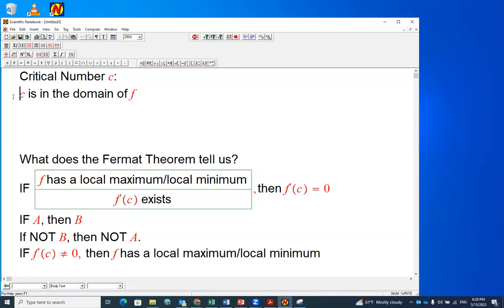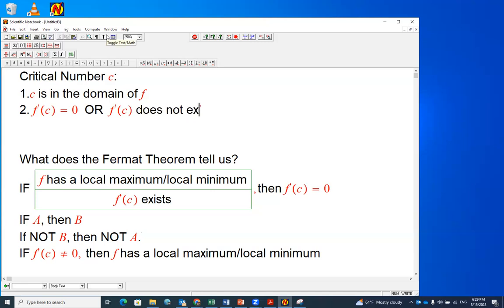Secondly, the derivative of the function at c must be 0, or the derivative of the function at c does not exist.